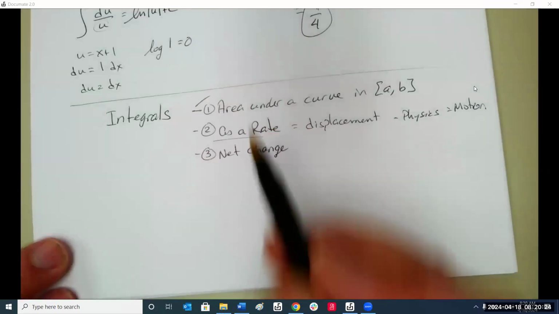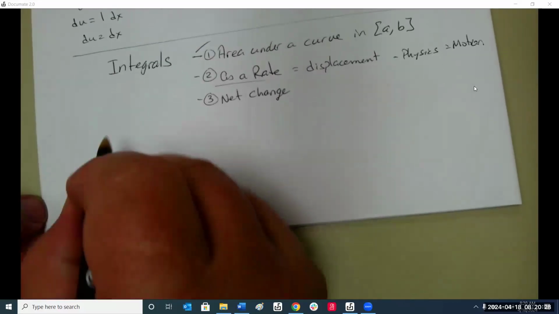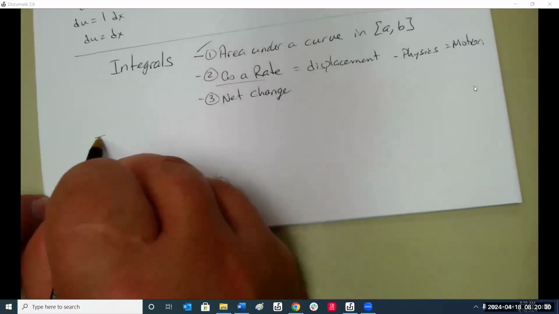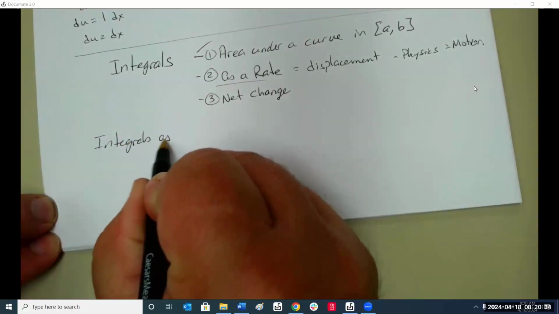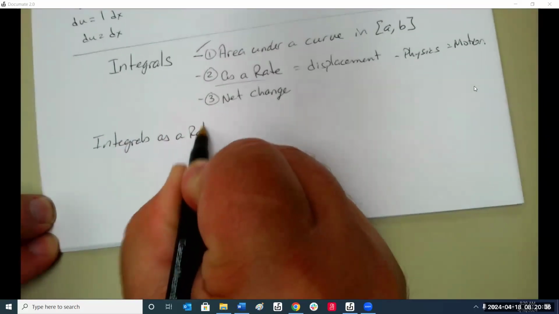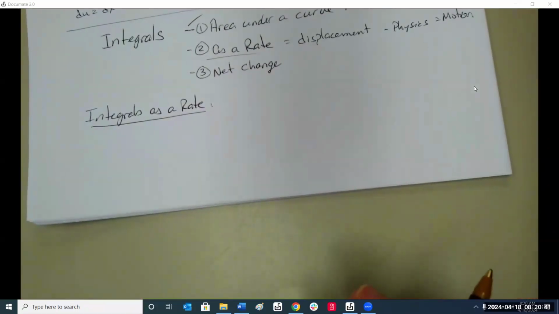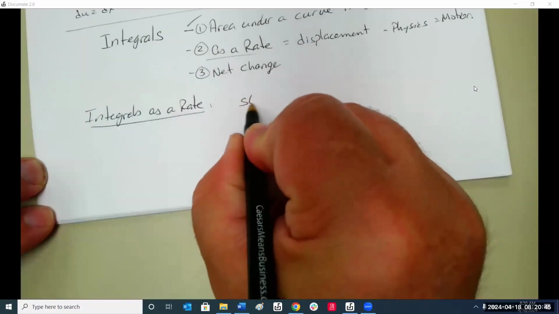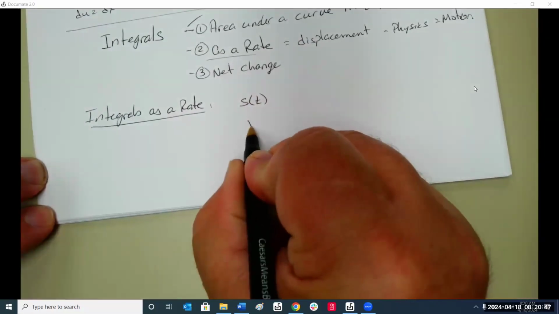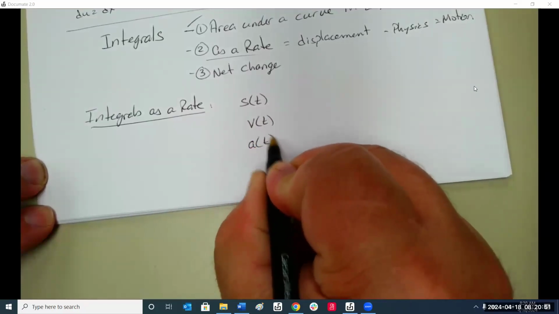We just talked about areas under the curve. So let's look at integrals as a rate. We had 4 terms that we defined.